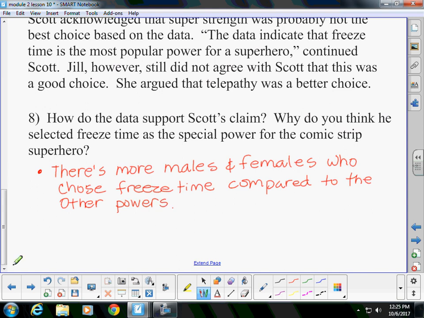And then the other thing is that the percentages were closer together.